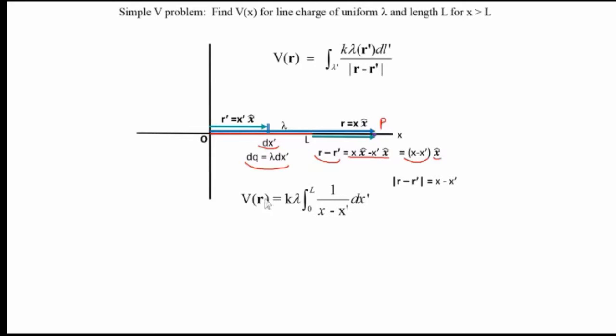Now what we do is just simply add all these up, and that's what we mean by integrating. If we look up here, now we have k lambda. Lambda is a constant, so we can bring it outside. I didn't point out that the length of this line is just x minus x prime. Putting that in, we'll have dx prime divided by x minus x prime. That gives us a very simple result.